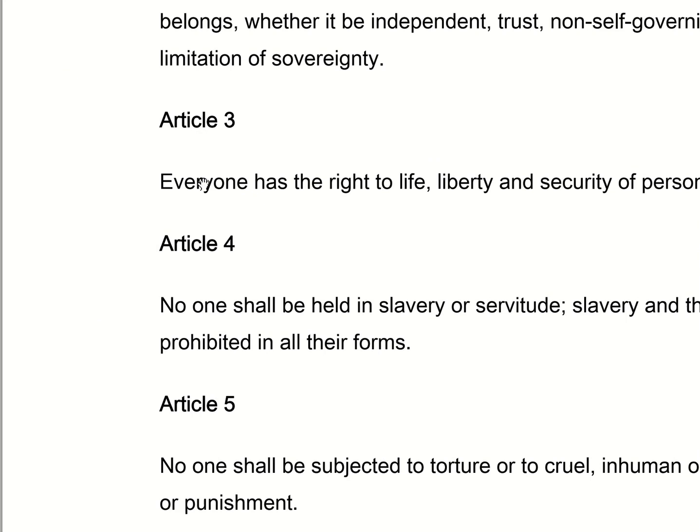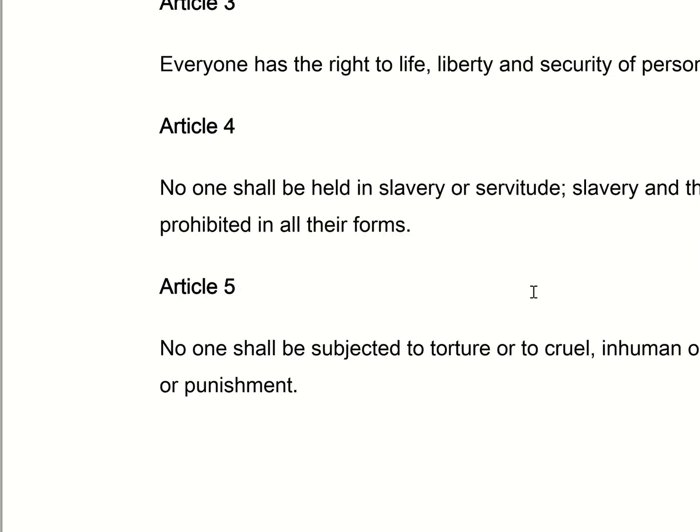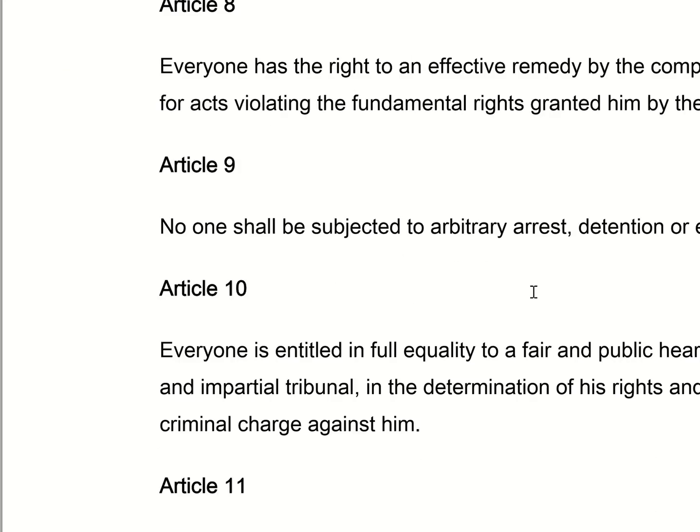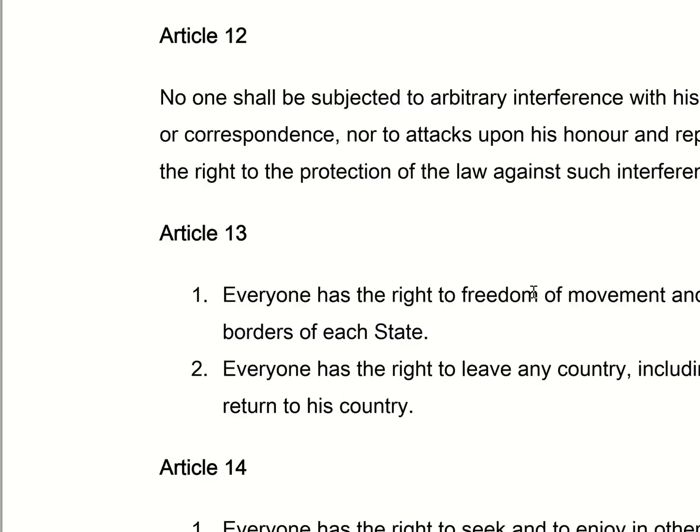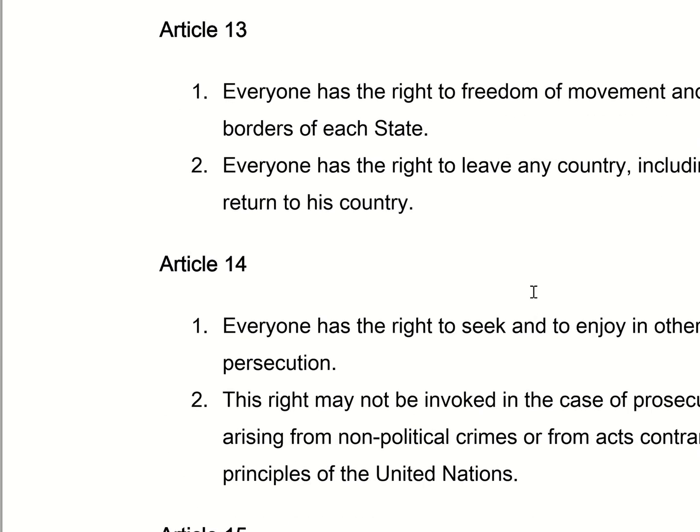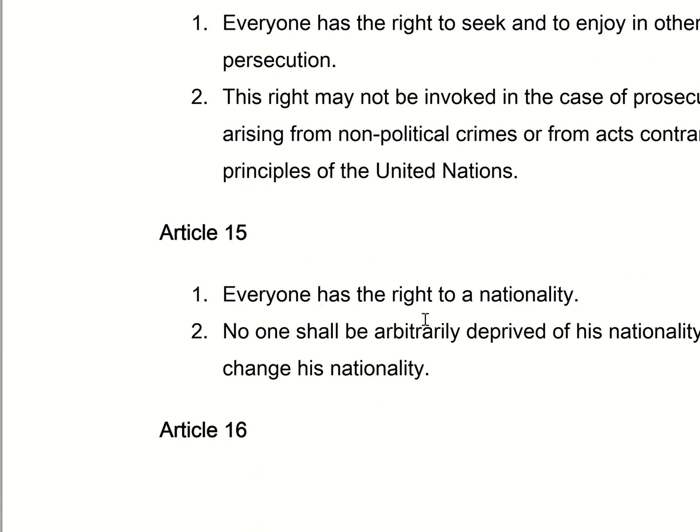For example, Article 3: everyone has the right to life, liberty, and security of person. If we go down, there are quite a few of these. Let's go to a nice short one, 13, I'll read it all. Everyone has the right to freedom of movement and residence within the borders of each state. Everyone has the right to leave any country, including his own, and to return to his country, unless you break the law.